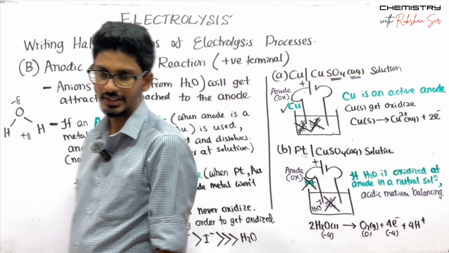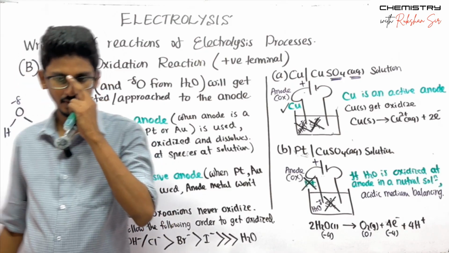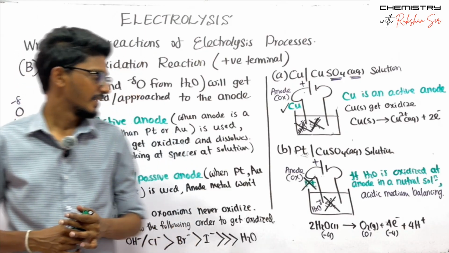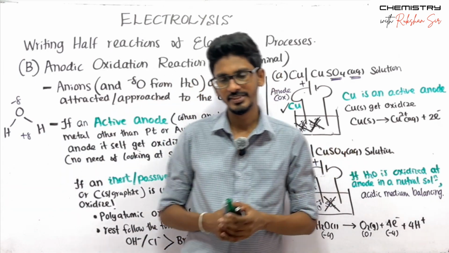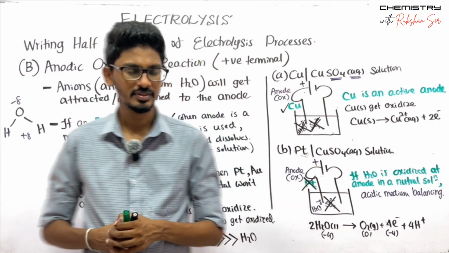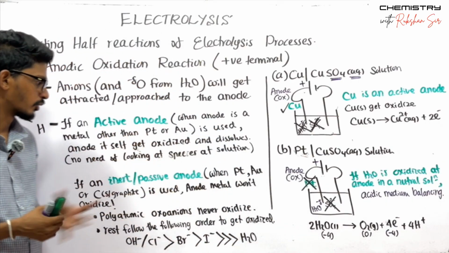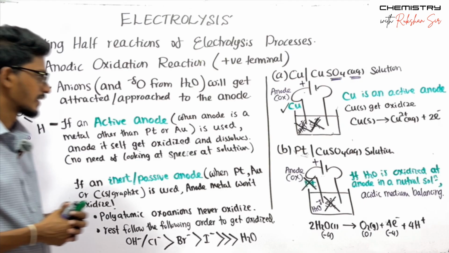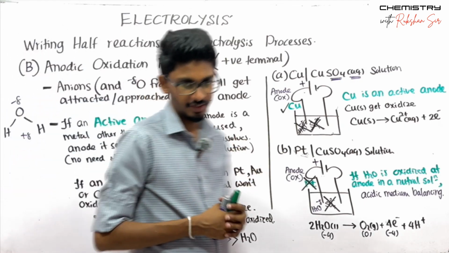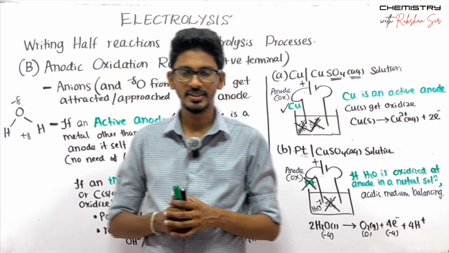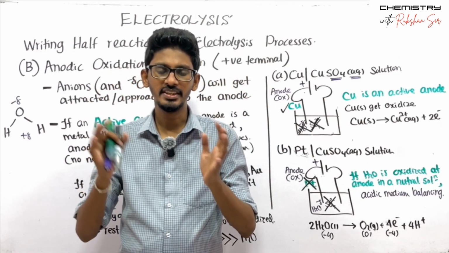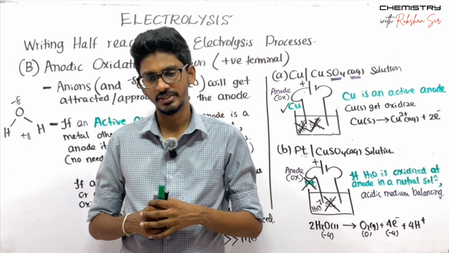Again, I'll give you a little summary of selecting which species react first. Out of the species which approach the anode, to decide which will react first, first we have to consider the anode, whether it is an active anode or not.